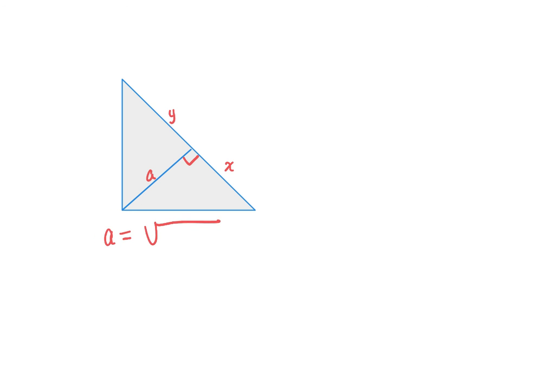So here the altitude is going to be the geometric mean between the two pieces of the hypotenuse. All right? One side of your leg, though, is going to be the geometric mean between the piece of the leg that's closest to it and the entire hypotenuse. Okay?